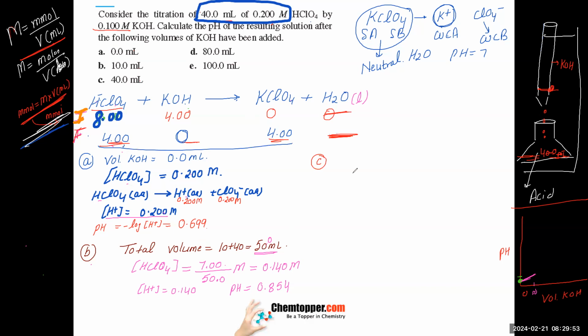HClO4, strong acid. So it means I need to know the concentration of this HClO4, and the concentration is millimoles, which is 4.00 divided by volume in milliliter. So what's the volume in milliliter at the C point? What's the total volume, children?